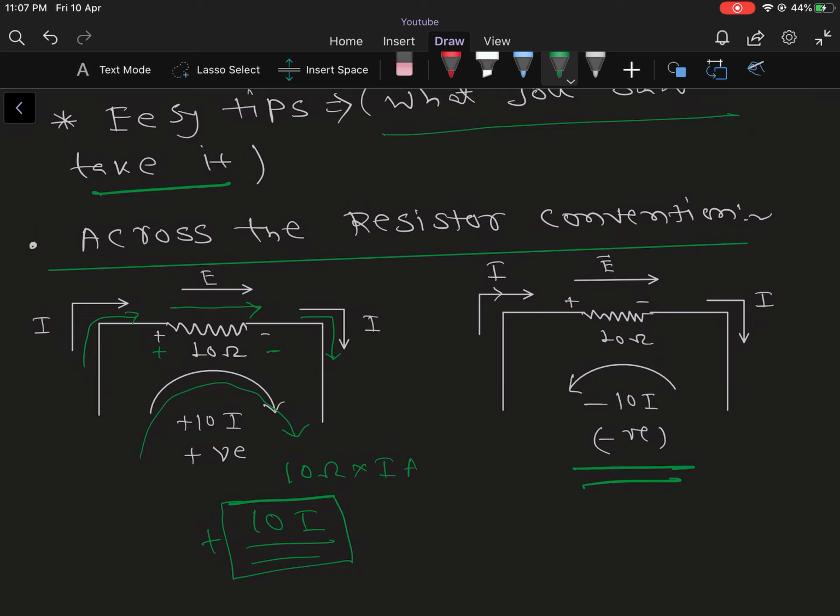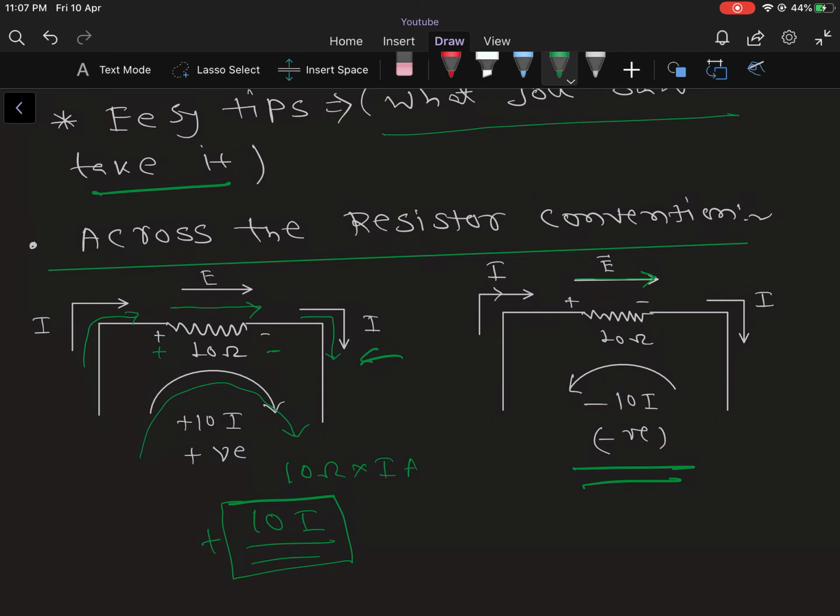Now the other case. If you move opposite to the electric field, with the current in the same direction as before, the electric field in the resistance is in that direction.